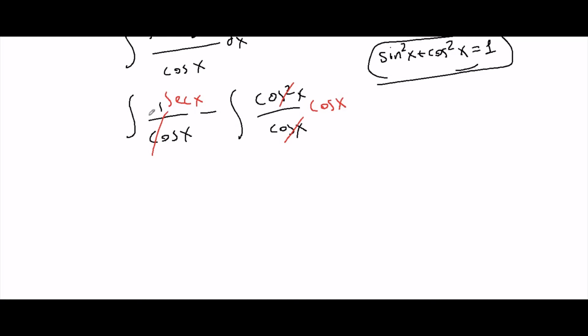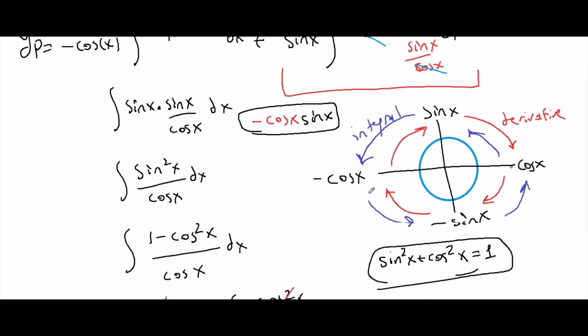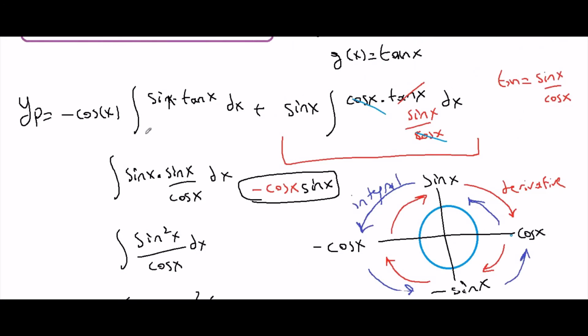Now you need to know integral of secant x by heart. This is one of the template integrals you need to know. So antiderivative of secant x is ln of tangent x plus secant x. I have a video about how we derived this, and antiderivative of cosine x is sine x. Now we're going to multiply this whole equation with negative cosine x.